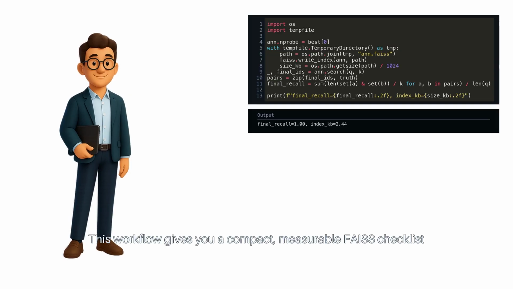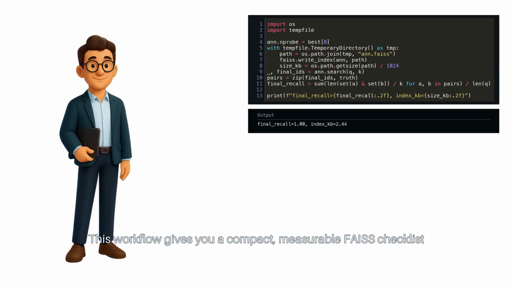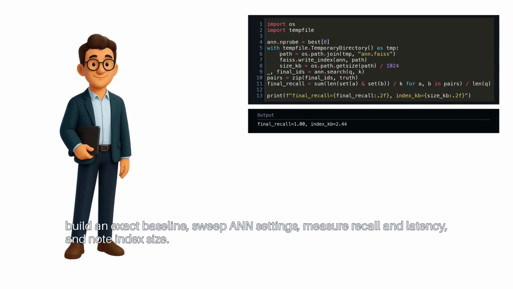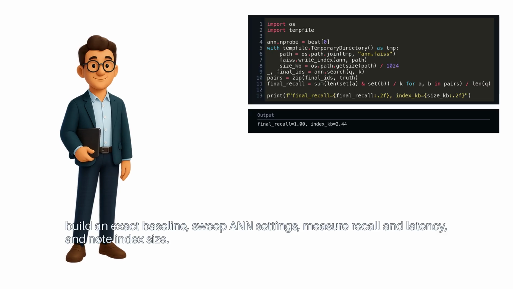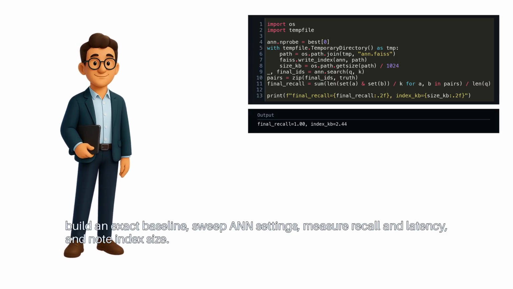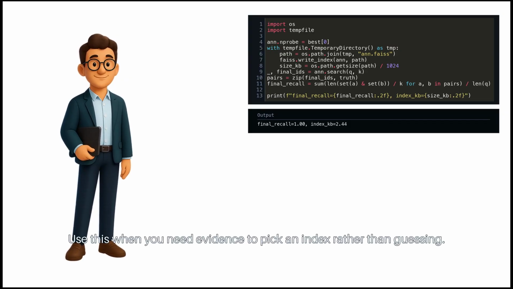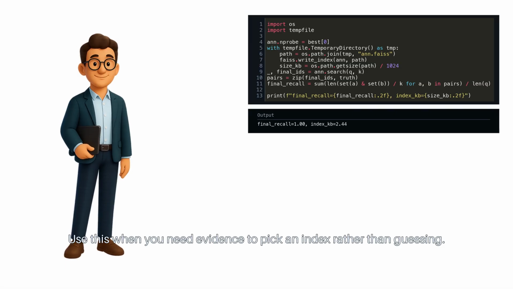This workflow gives you a compact, measurable FAISS checklist. Build an exact baseline, sweep ANN settings, measure recall and latency, and note index size. Use this when you need evidence to pick an index rather than guessing.